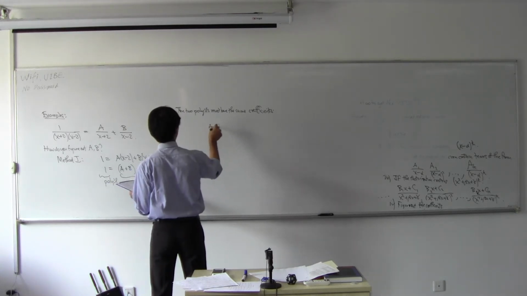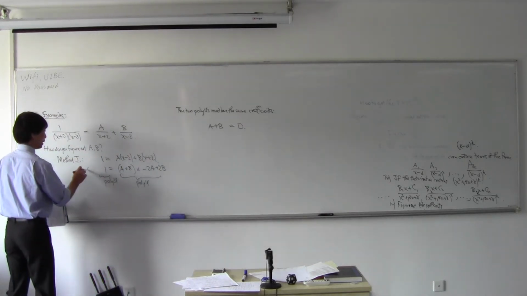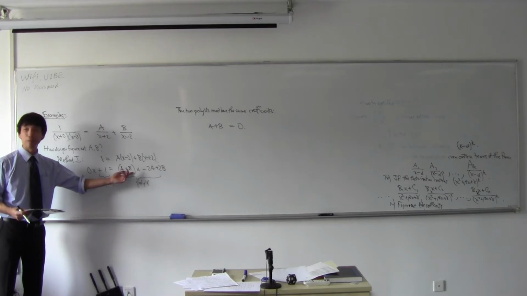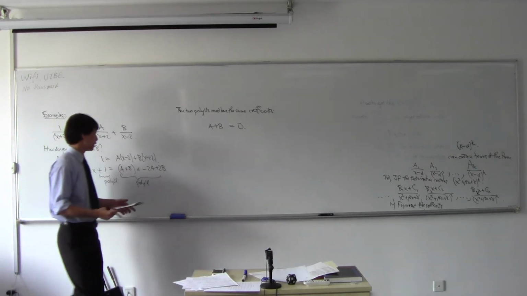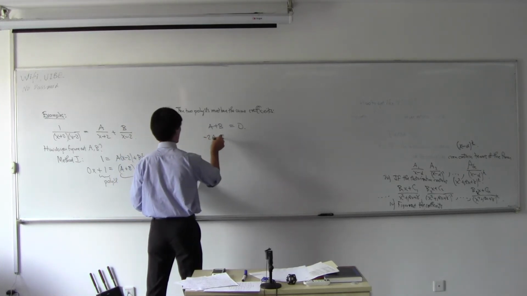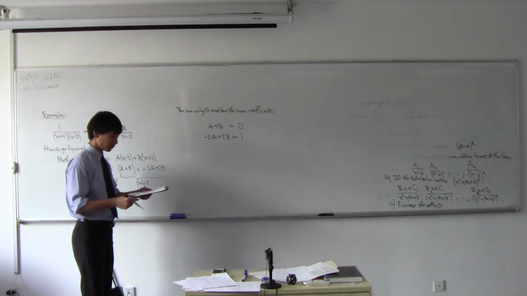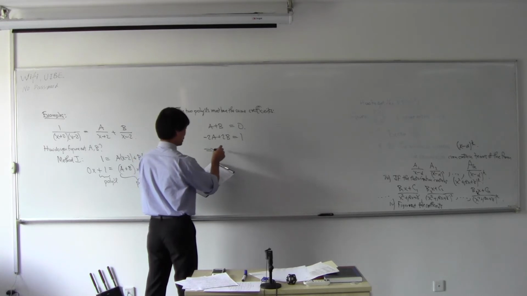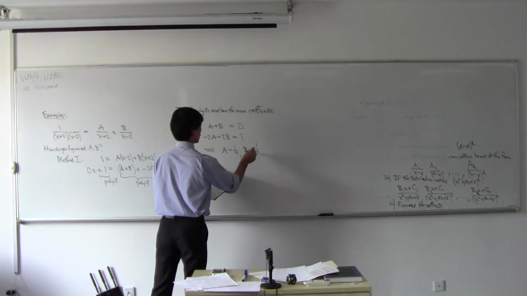That A plus B is 0, because over on this side I have 0x plus 1. So the coefficient of x is A plus B, and the coefficient of x is 0. A plus B equals 0. Similarly, I see that negative 2A plus 2B is equal to 1. If you work that out, that gives you that A must be a fourth and B must be negative a fourth.